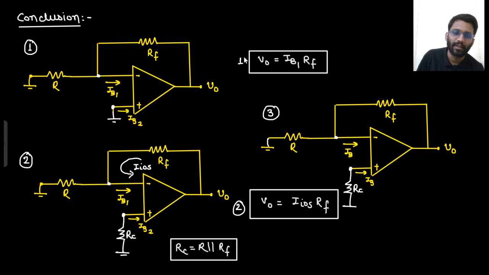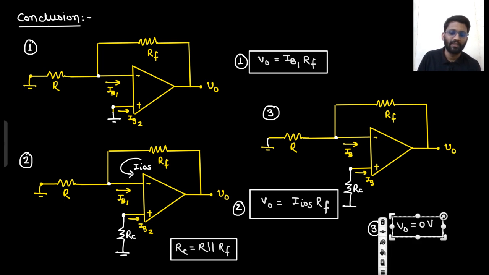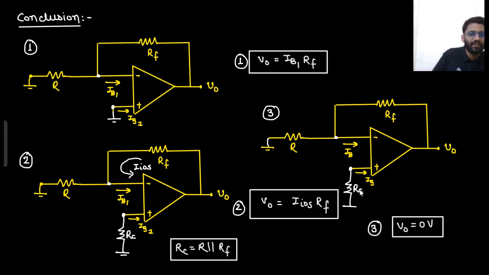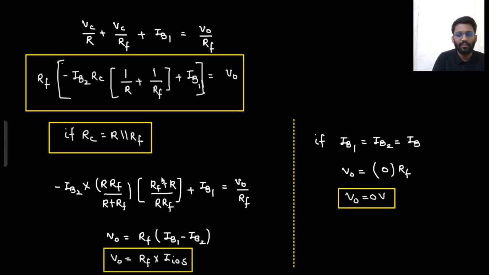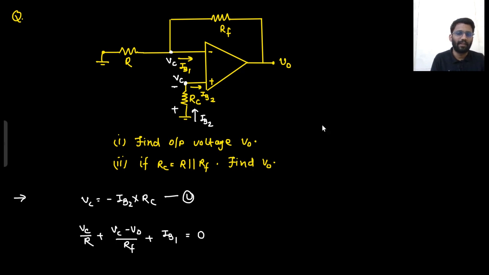This is the output voltage for the first circuit. And what will be your output voltage for the third circuit? That will be 0 volt, because both of the currents are equal. So if there is compensation resistance, then your output will be 0 volt, right? We have derived it as well. And you also need to remember the value of this compensation resistance, that is R parallel with RF. This resistance parallel with this resistance.